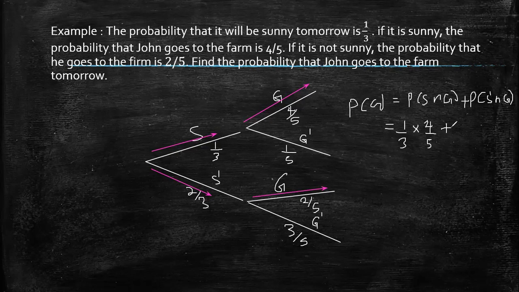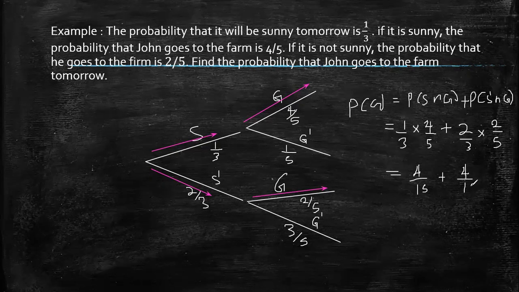Then we add, it is not sunny, 2 out of 3 times John goes, which is 2 out of 5. So this would be 4 out of 15, and this will also be 4 out of 15. And when we add these two, 4 plus 4 gives us 8 out of 15.